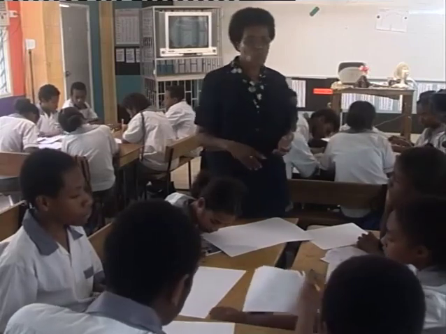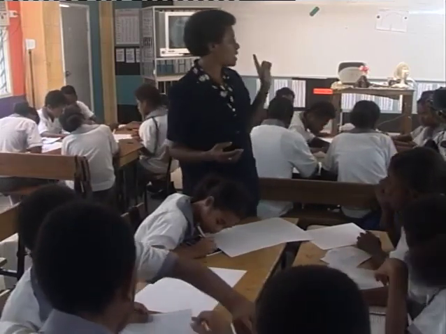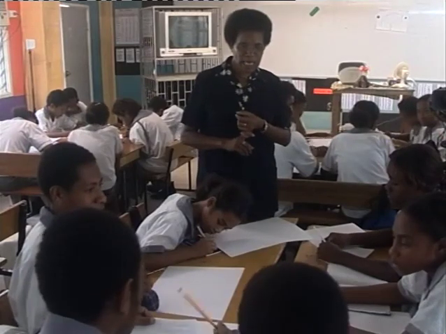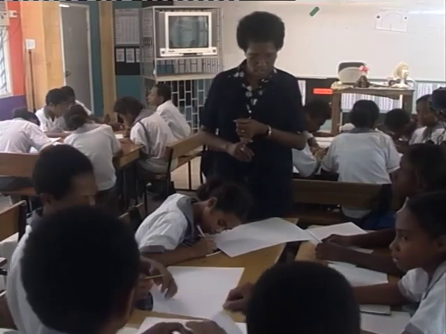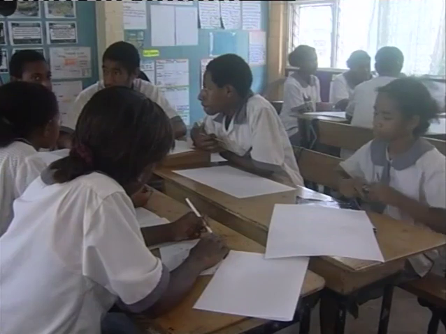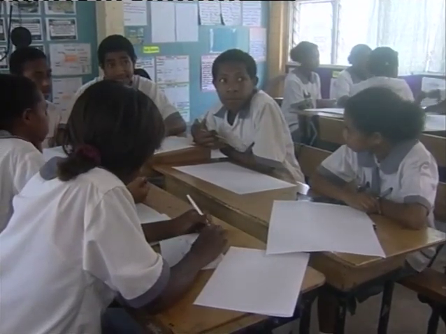Now, once you have come up with your measurement, you have to follow the example that we have gone through and decide on your scale. And once you have decided on your scale, then individually you do your scale drawing. What is your measurement there?